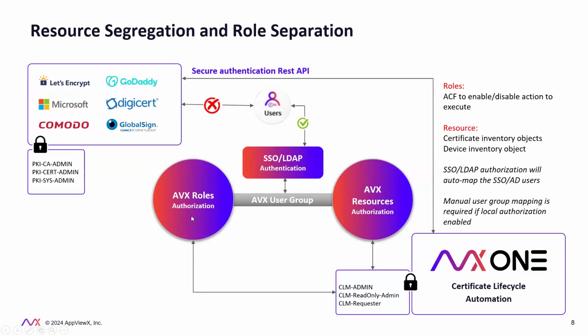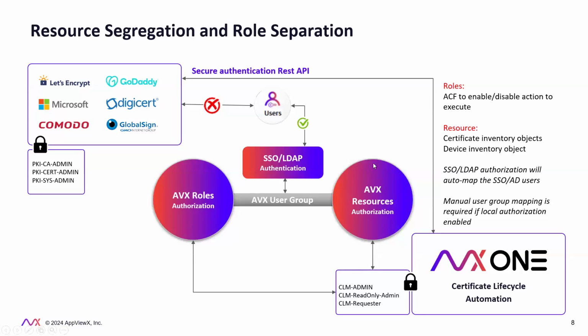The role is the one which takes care of defining what type of action the user can perform, whether the user is allowed to download a private key, and so on. Which certificate group the user can access, for example if it is the NetOps team, they are allowed to access only a certain set of certificates.